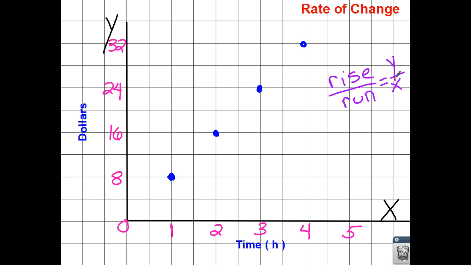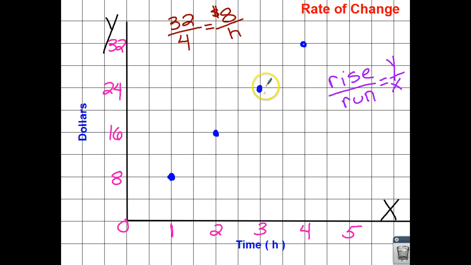So let's take any points on there and let's divide. So if I were to take the last one that we did, we would say 32 is the rise and the run was 4. And what does that equal? Well, that equals 8. So you're going to make $8 per hour, and that's a nice unit rate. Take another point.